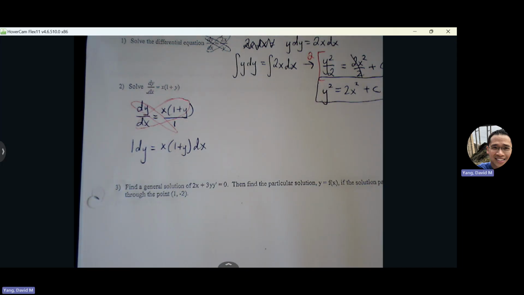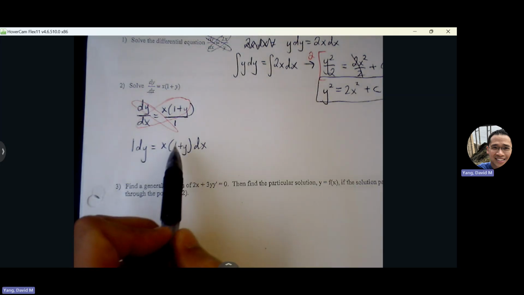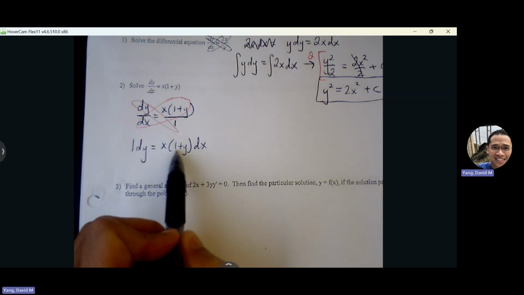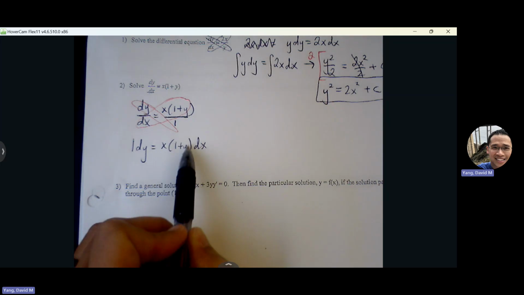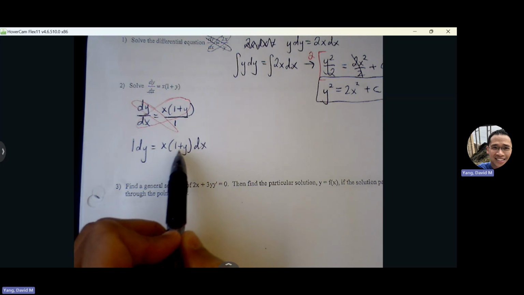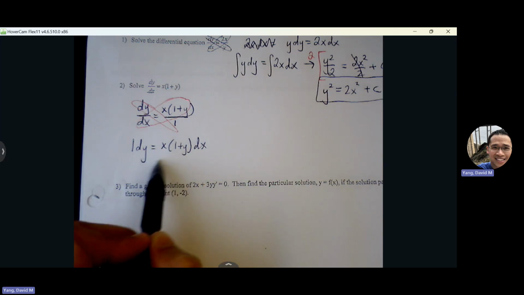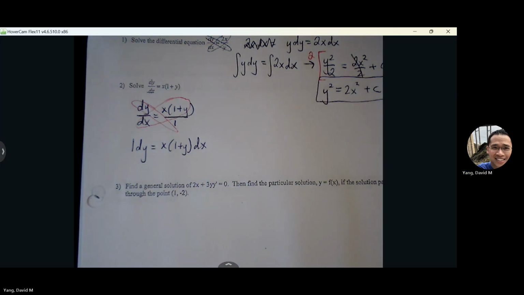So our goal is we want anything related to y's on the left, anything related to x's on the right. What do you see is out of place? Yeah. So the parentheses is helping you organize that expression. If we want to move the y, the 1 has to go along with it. So we're going to have to divide that 1 plus y over to the left side.